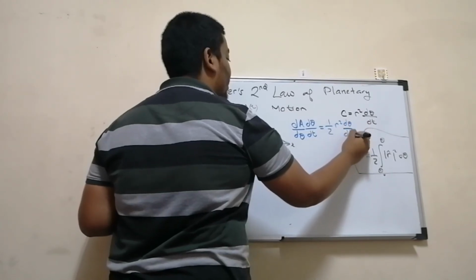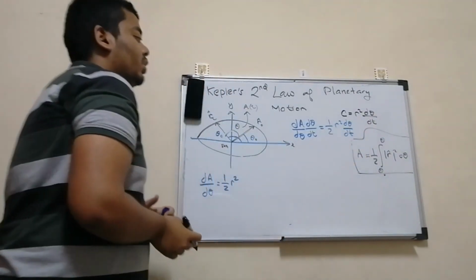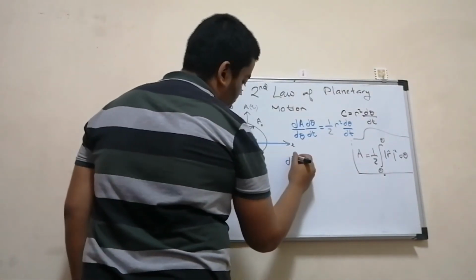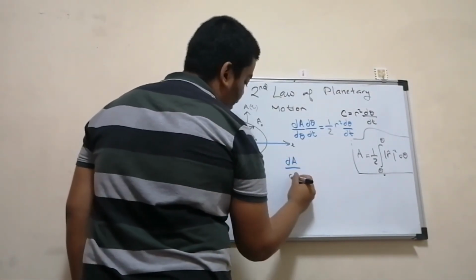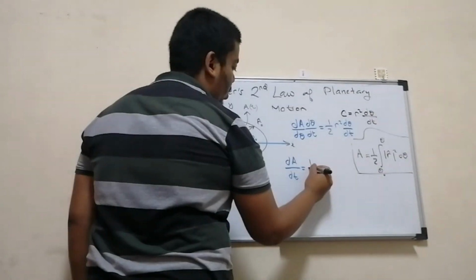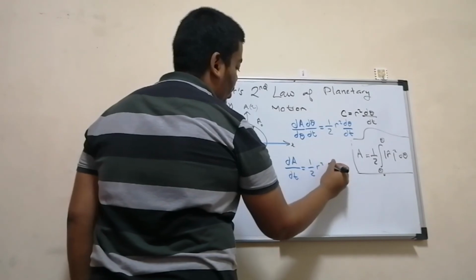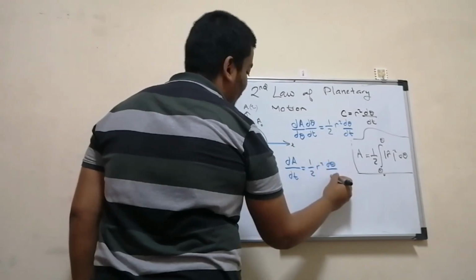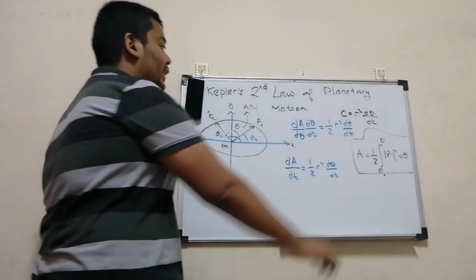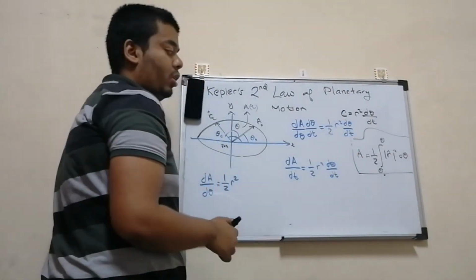Why did I multiply the left and the right hand side? Because I want to keep it equal. So we'll be left with dA over dt, that means the rate of change of sweeping area, is actually equal to 1/2 r squared d theta over dt. And from this particular part, we come to know that d theta over dt is actually a constant.